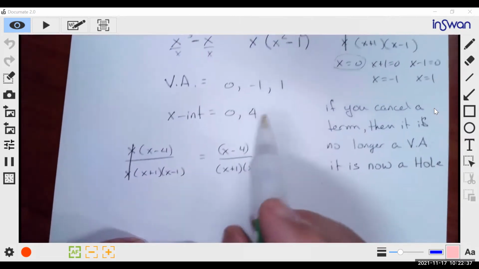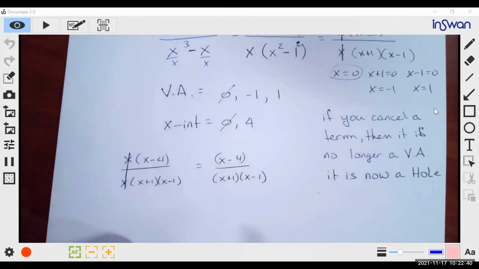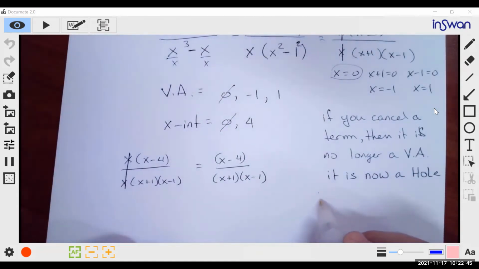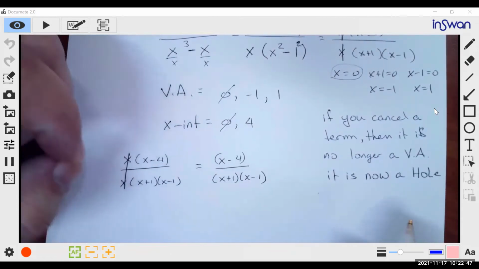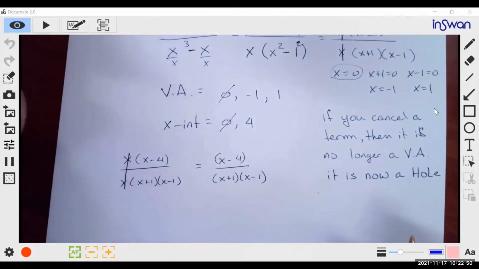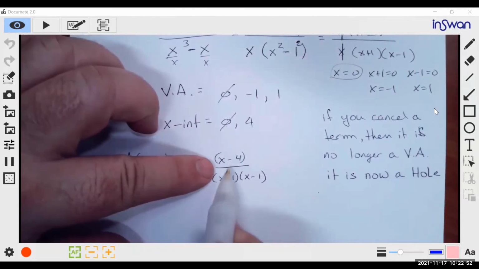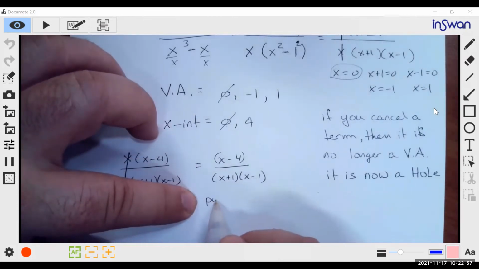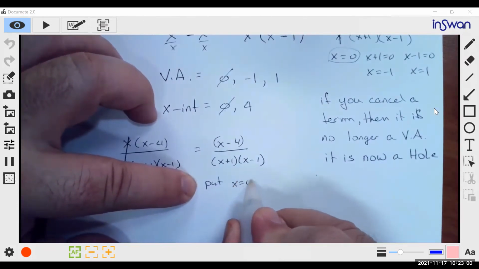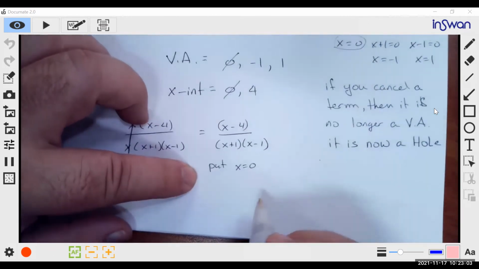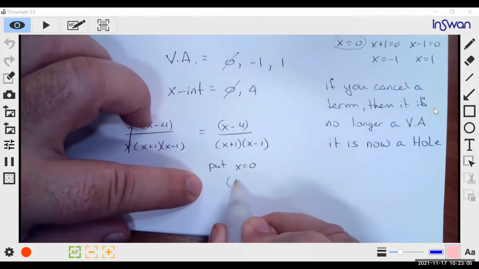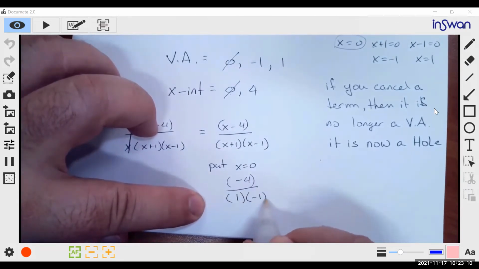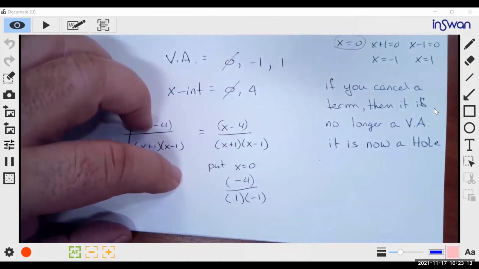So again, since these zeros are the same, if we put 0 in place of our x's in this equation, what do you get? You get -4 divided by 1, -1. In other words, just erase the 0.